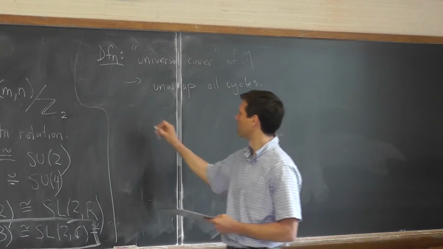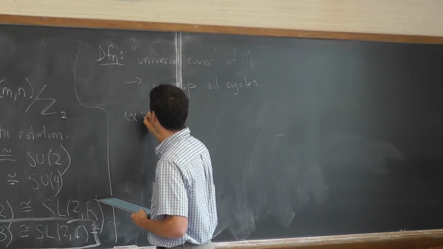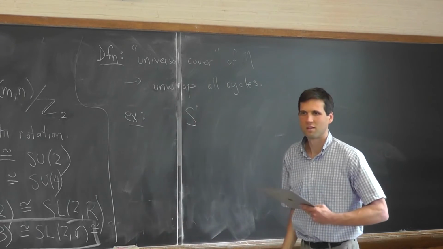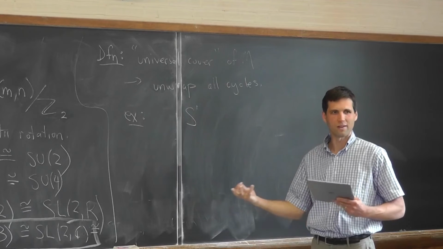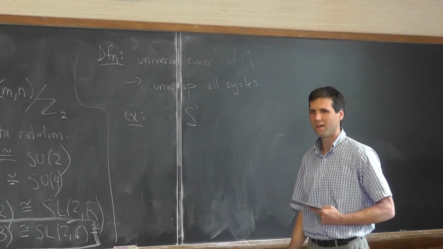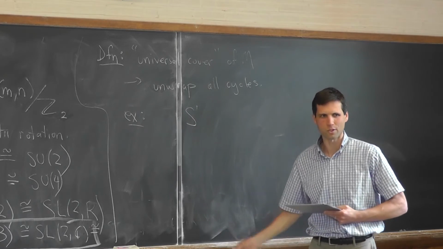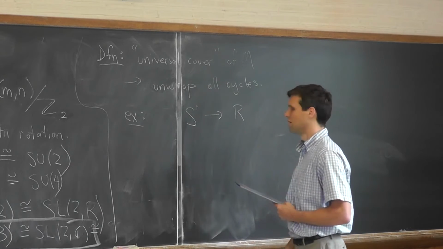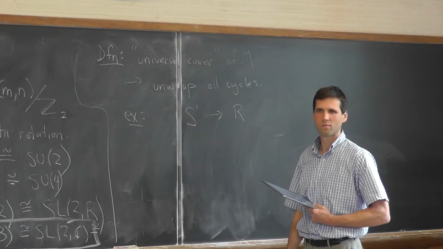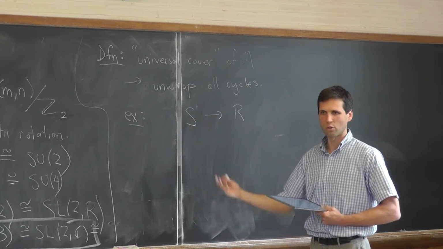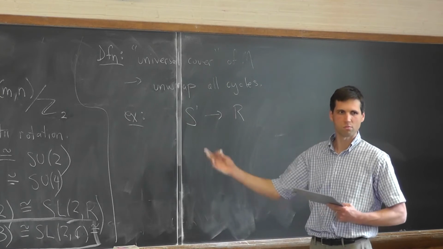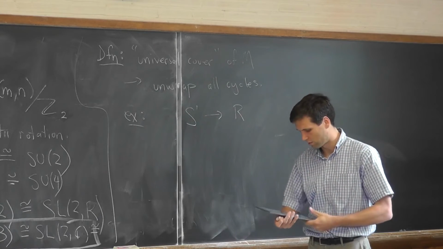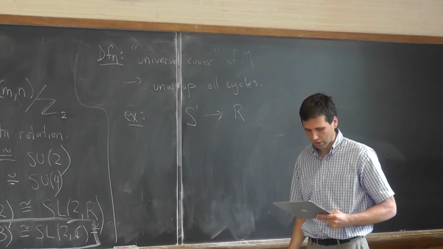So, for example, the manifold S^1 is just phi identified mod 2 pi, and its universal cover is what you get if you just throw out the identification. So the universal cover of S^1 is the real line. Similarly, the universal cover of a torus is just a higher dimensional real line, Euclidean space.